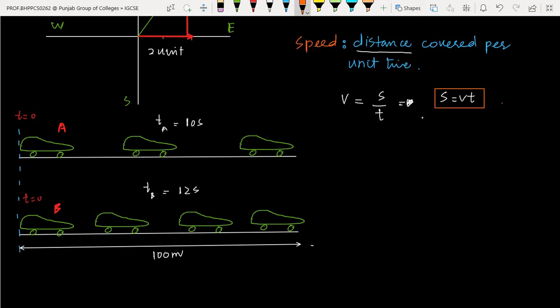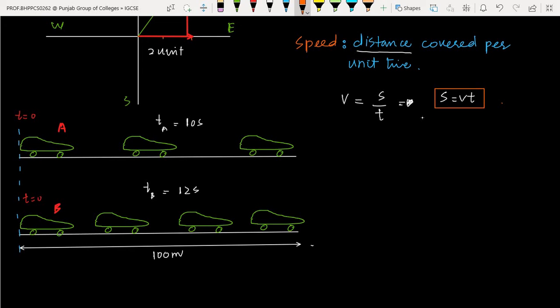But here I want to differentiate between speed and another quantity, a vector quantity, that is velocity. Velocity is a speed in a certain direction, because we cannot always define the motion by just a number with its unit. In some circumstances, we need to tell the other person in which direction the body is moving.